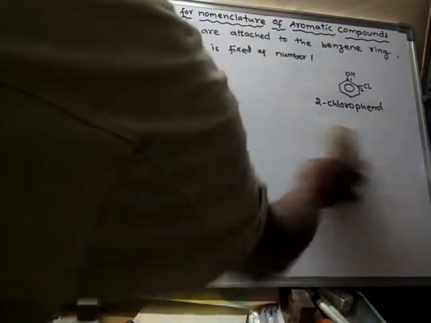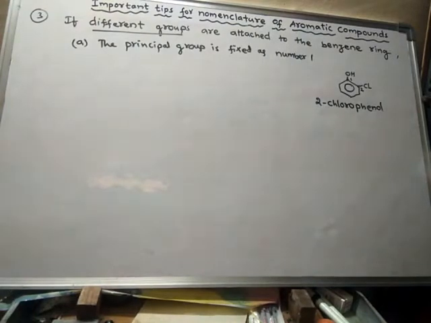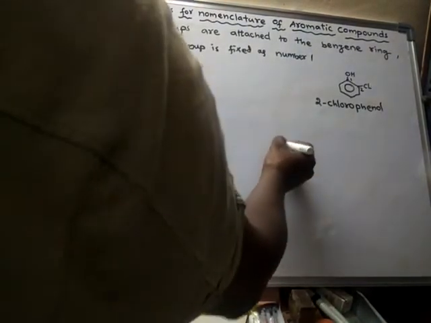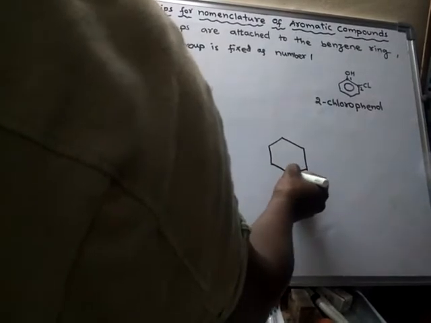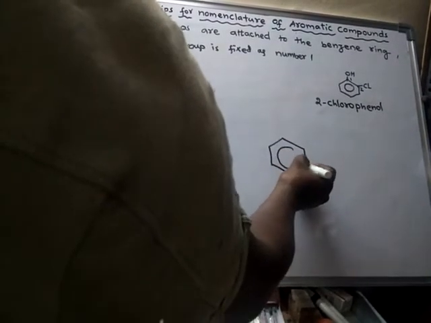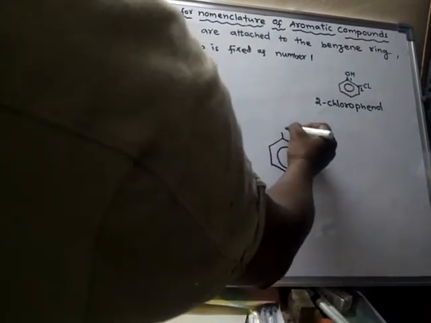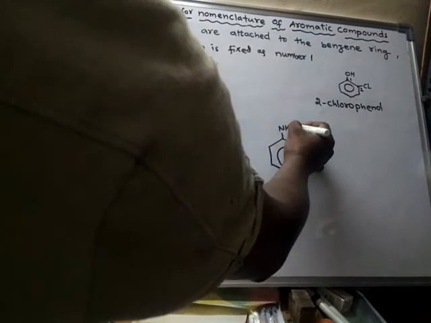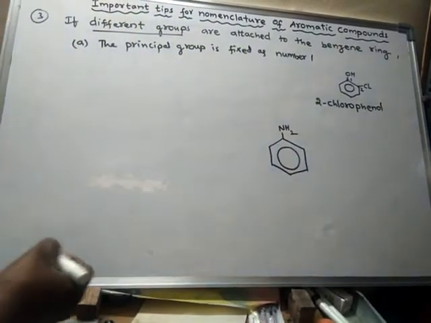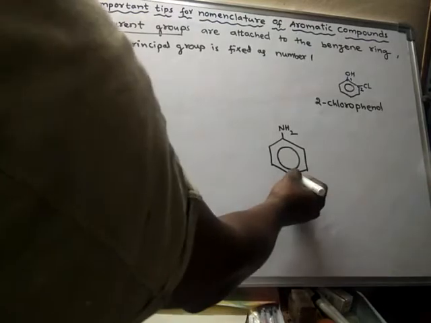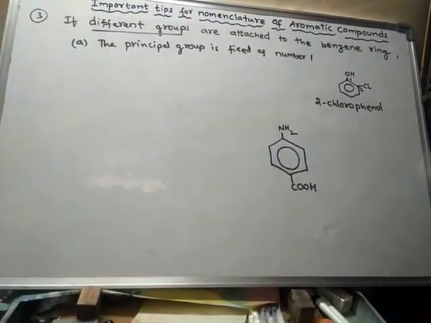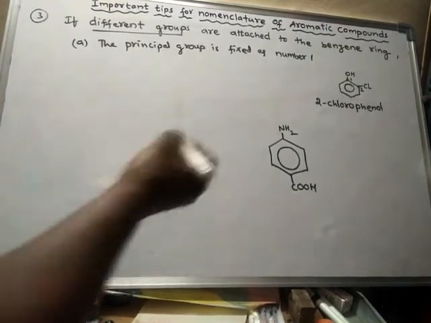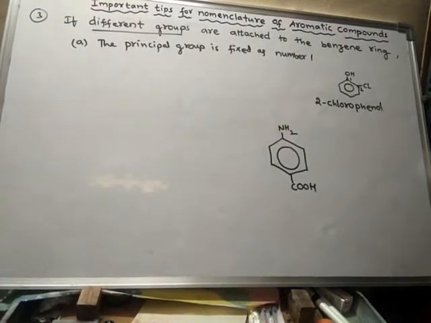Another example, let us take. This is a benzene ring. NH2 is present on the benzene ring, and COOH is also present. So in this case, how to give numbering?